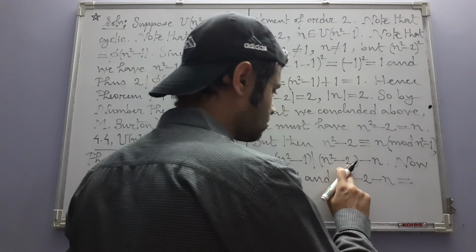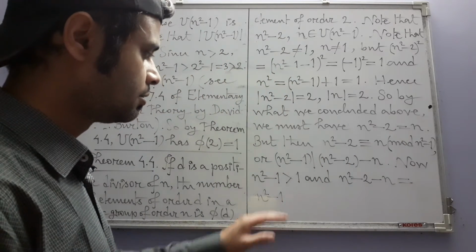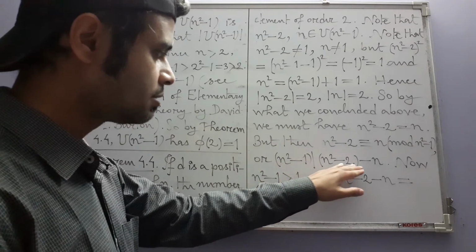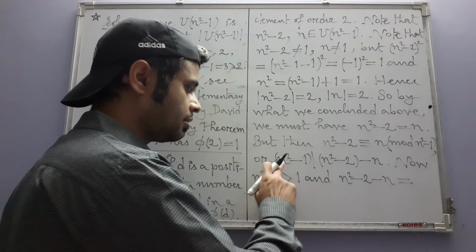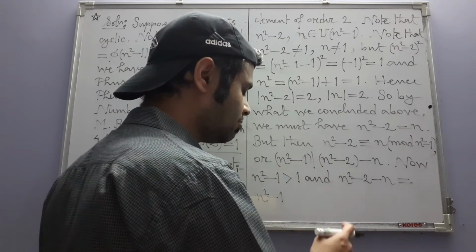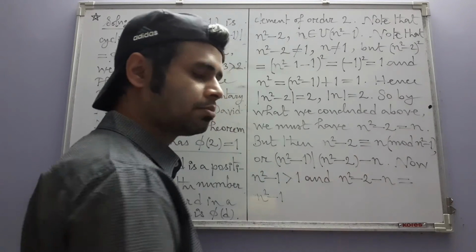N square minus 1 is available here. So this divisibility relation implies that n square minus 1 has to divide minus 1 minus n.